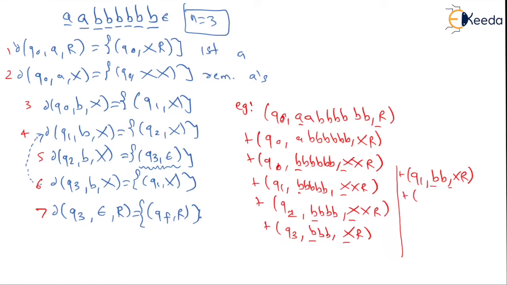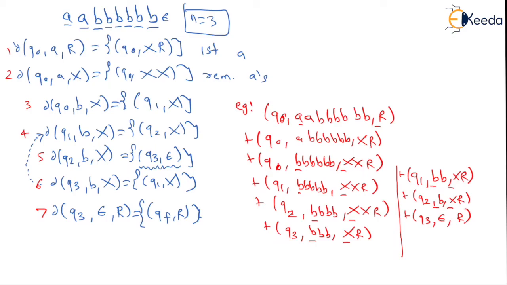Then Q1 on B when the stack top is X, using rule 4, goes to Q2, B, XR on the stack. Then Q2 on B when the stack top is X, using rule 5, goes to Q3, nothing is left as input, and X will be popped from the stack.